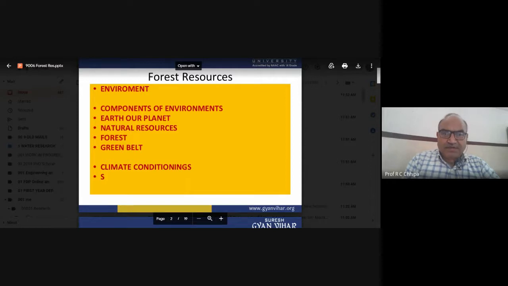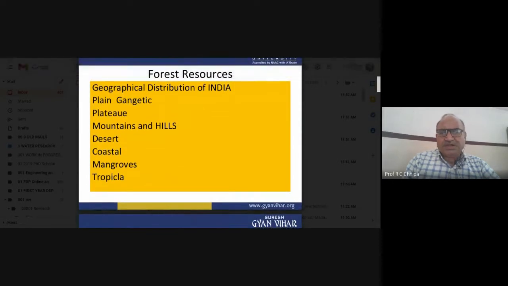Now we go to another slide, and all of you are well aware of the geographical distribution: where is the north, and which states or countries are in the northern side, the southern side, the eastern side, the western side. For example, western Rajasthan is related to the desert. That is the geographical distribution.